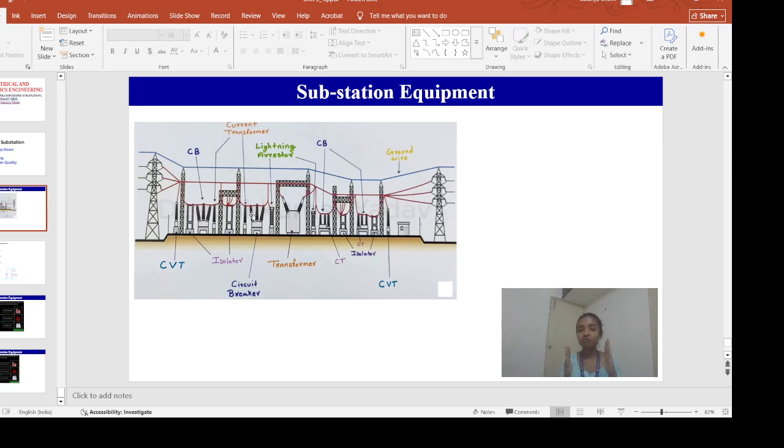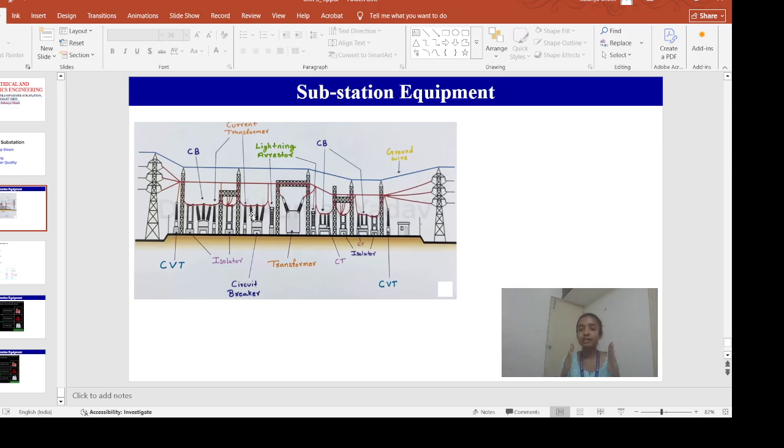So due to that arc, the circuit breaker tries to extinguish, to quench that arc. As a result, it needs to separate out those two contacts.